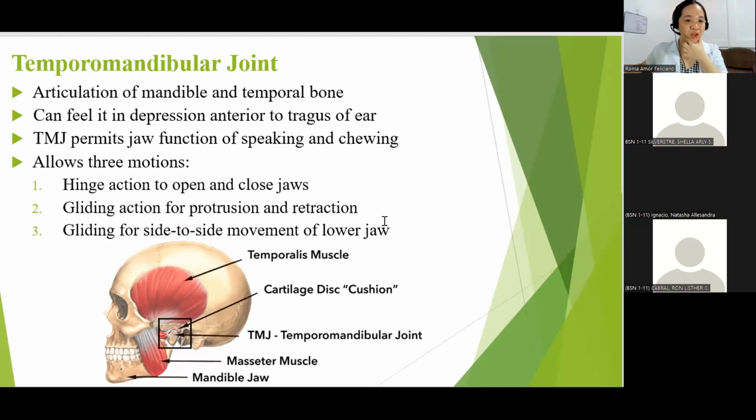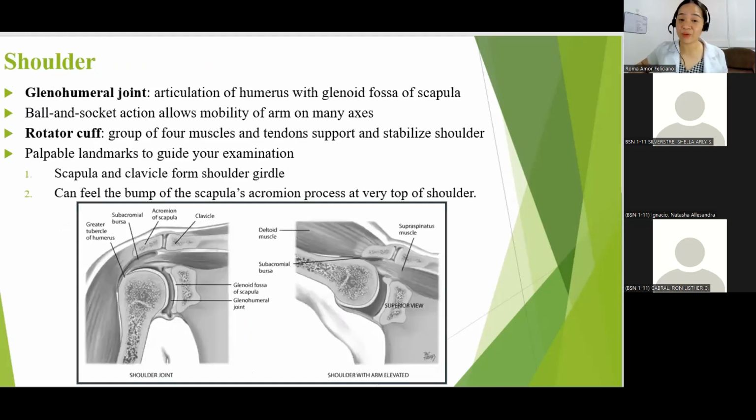So, kinailangan akong i-brace ang aking ipin para i-realign ang aking panga, no, ang temporomandibular joint. So what are the three motions? Hinge action to open and close jaws, and glides action for protrusion and retraction, and it glides for side-to-side movement.